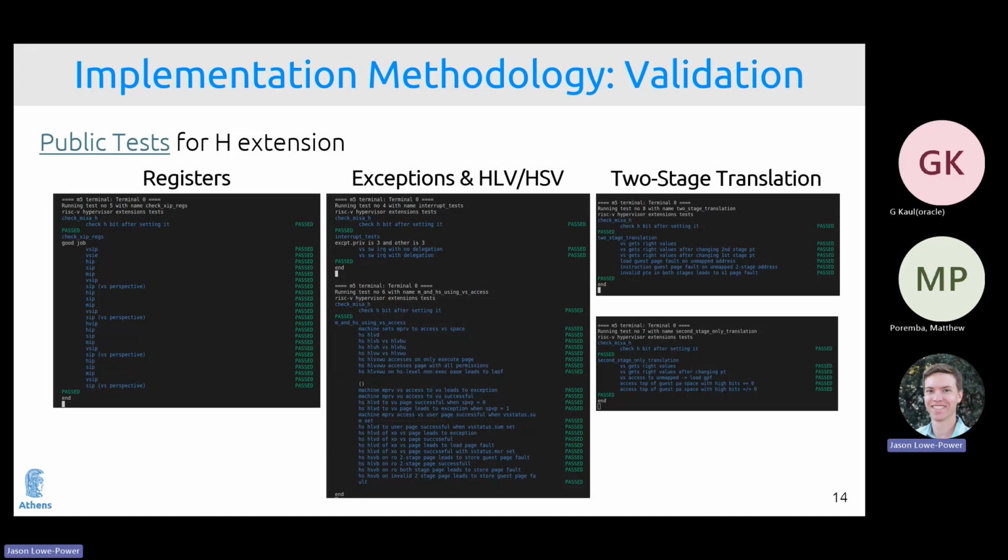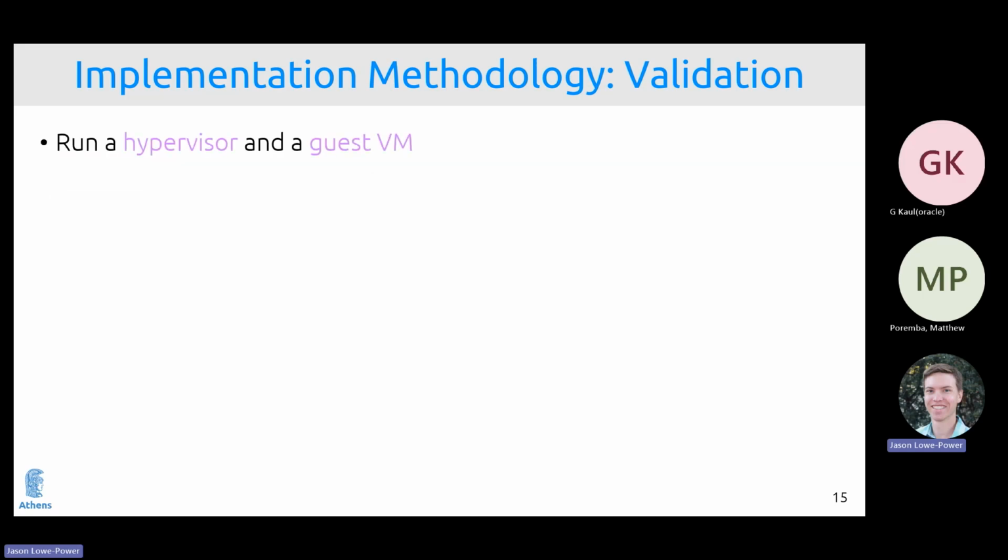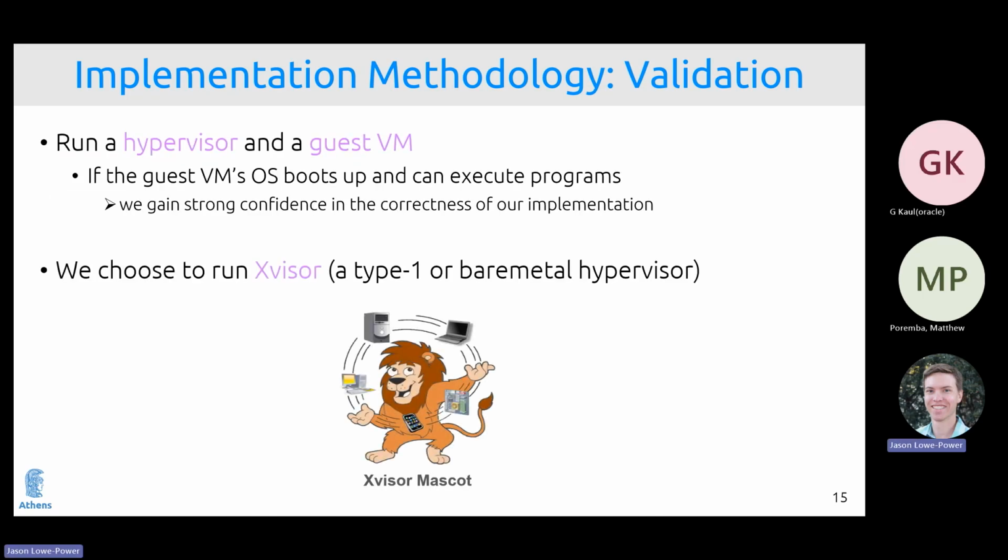After we gained confidence that we had the passing status on these tests, you actually have to do the hard step and try to run a hypervisor which will manage a guest virtual machine. And if the guest's virtual machine operating system boots up and can actually execute programs without problems, you would gain pretty strong confidence in the correctness of your implementation.